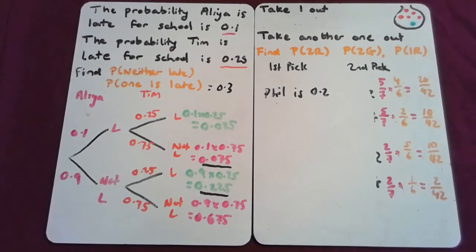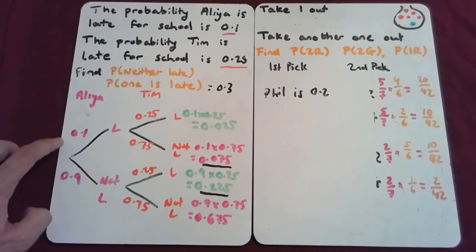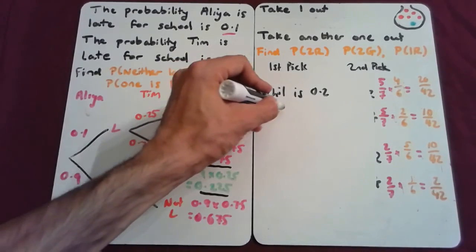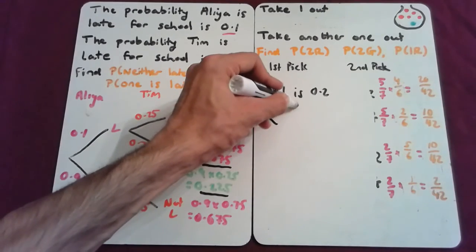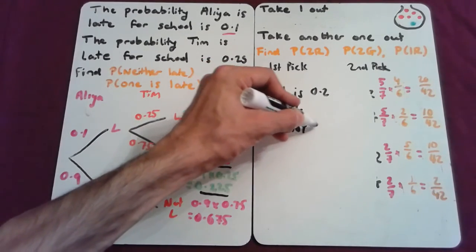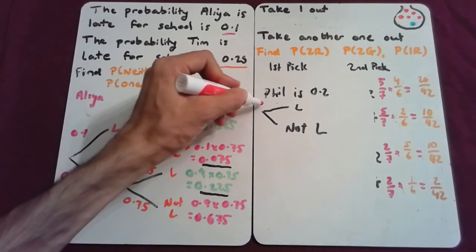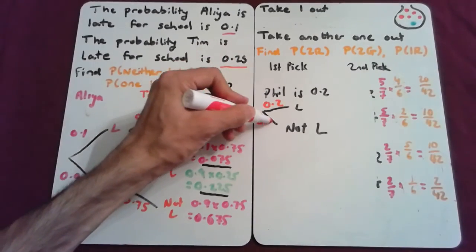Find the probability that all three of them are late. Well, we'd go Alia is late, Tim is late, and then we draw another tree over here for late and not late. So this is our third event. And the probability of Phil would be 0.2 for late and 0.8 for not late.